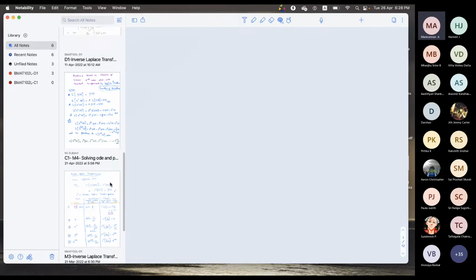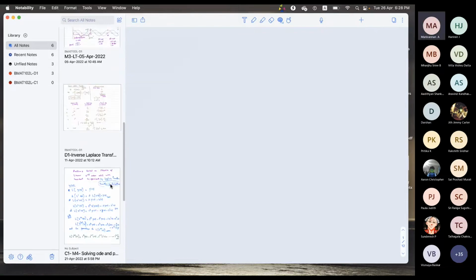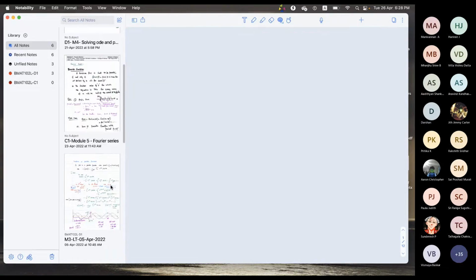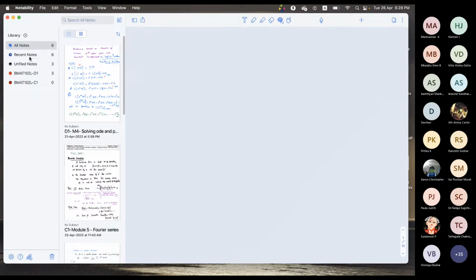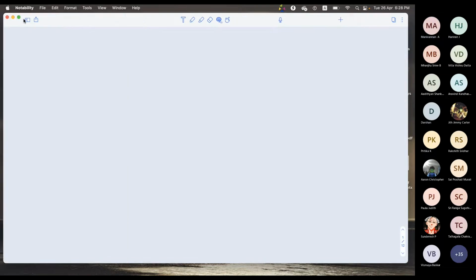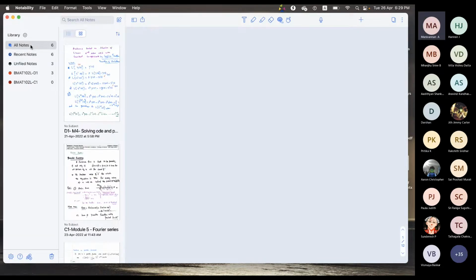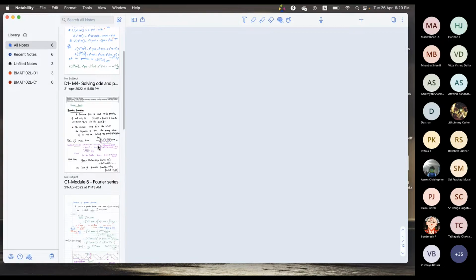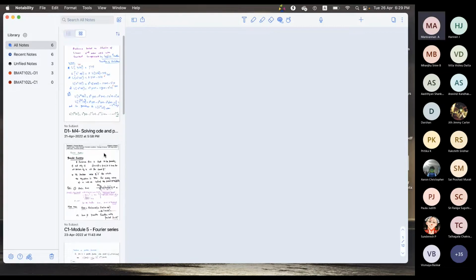Inverse Laplace transform. That file itself is removed. I will retrieve it from somewhere.